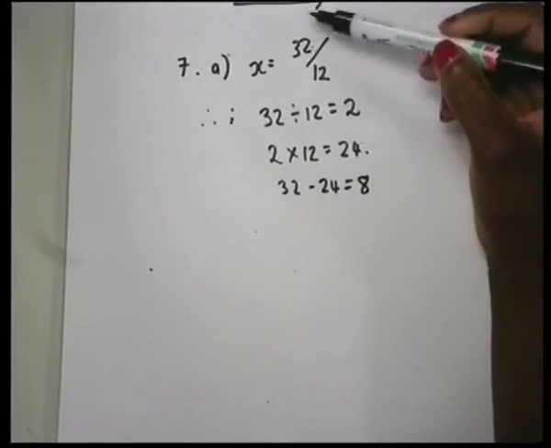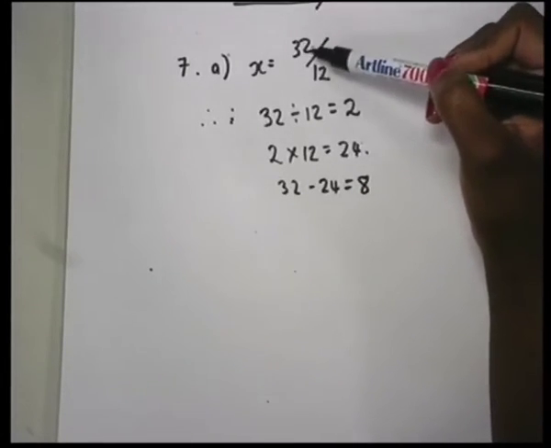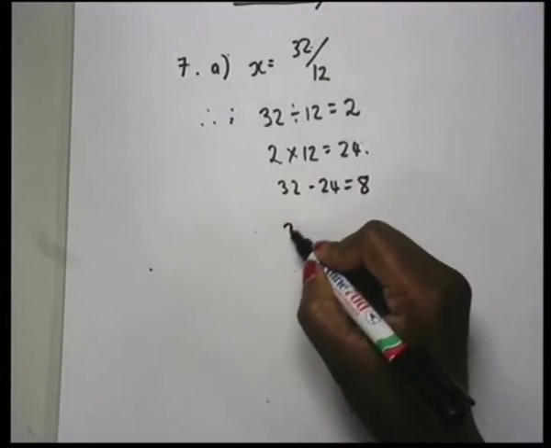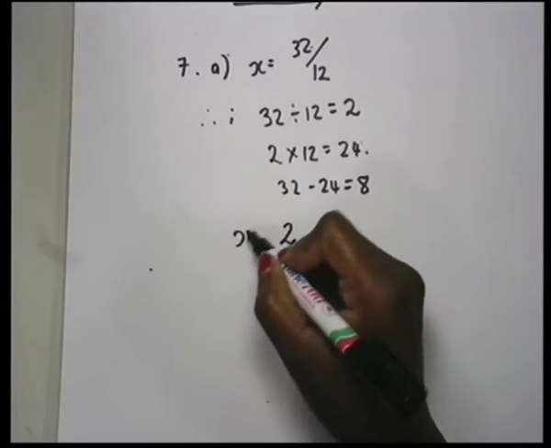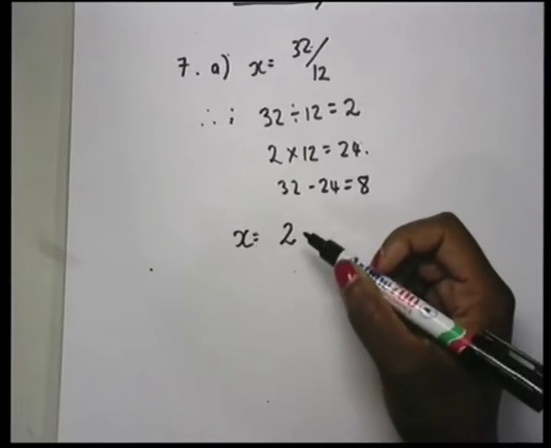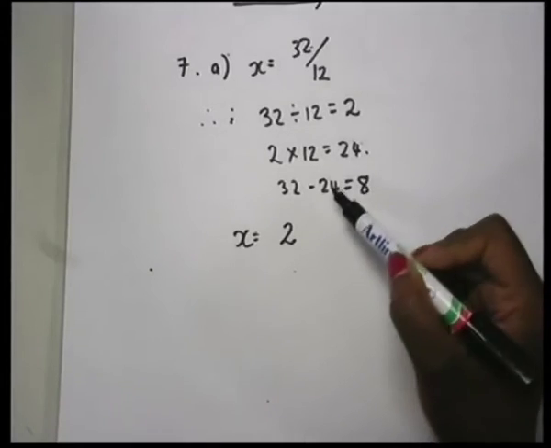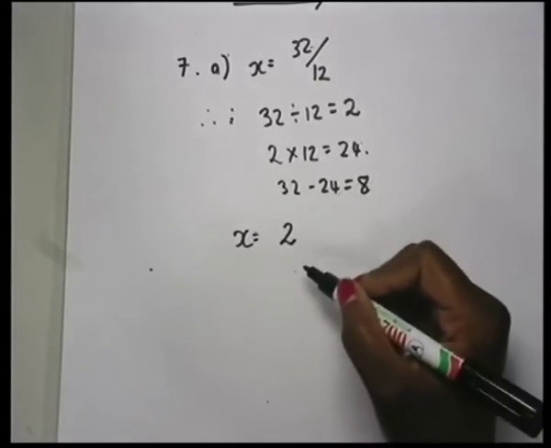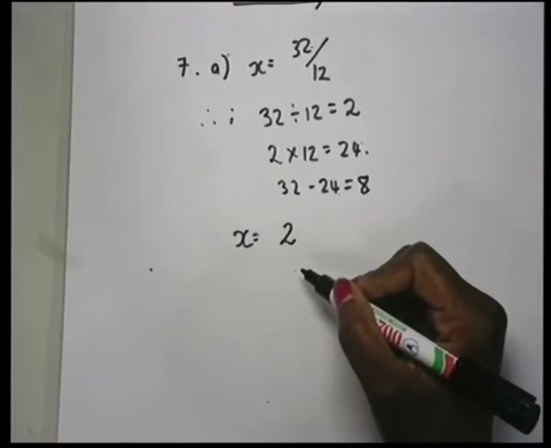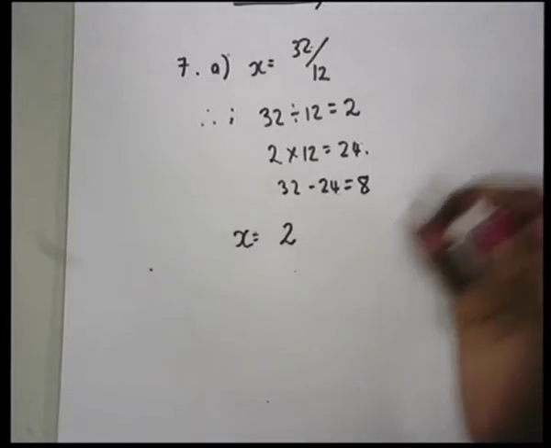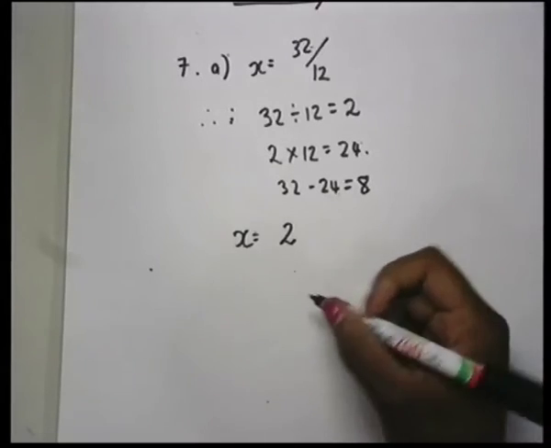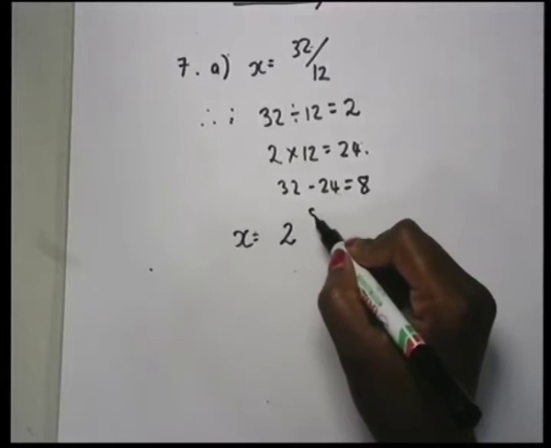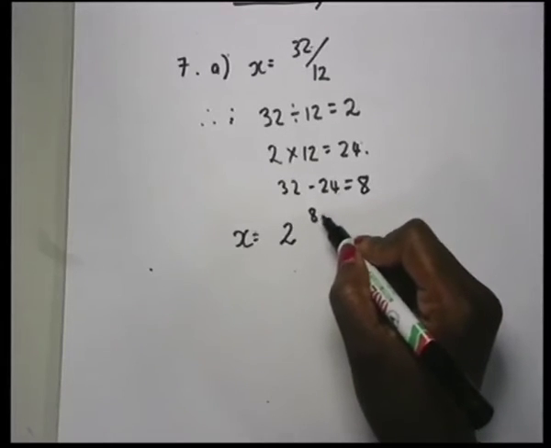So if 12 can divide into 32 2 times, now we're computing our answer, and we've also found out that 32 less 24 is 8. Then we know that the mixed number we're looking for is 2, and then we need the fraction part, which is 8 over 12.